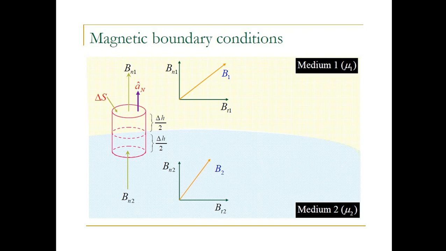It means if any surface charge is present at the boundary, we will have a discontinuity in the displacement vector, and the tangential component of the electric field intensity will be continuous, because along the boundary the tangential components of electric field intensity are continuous.